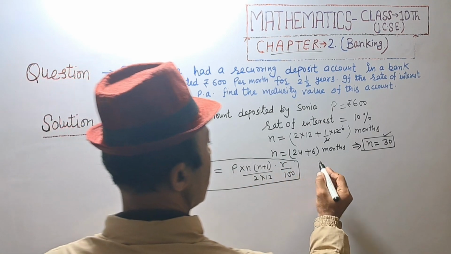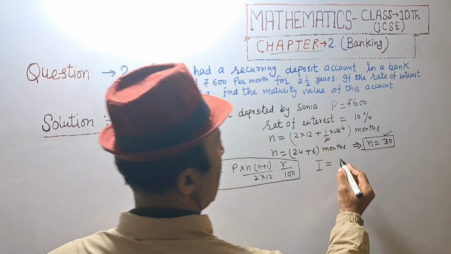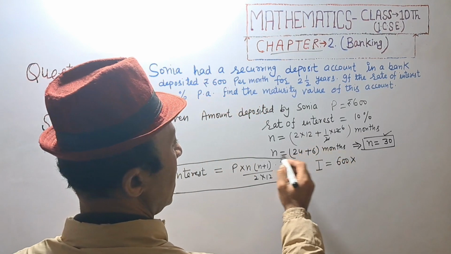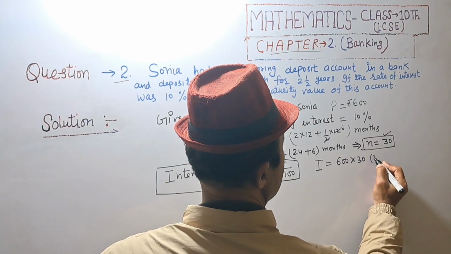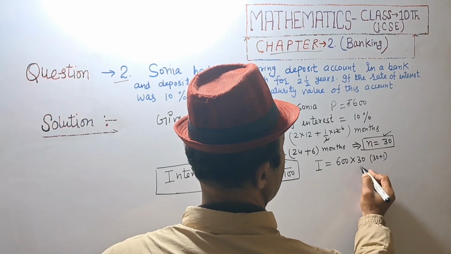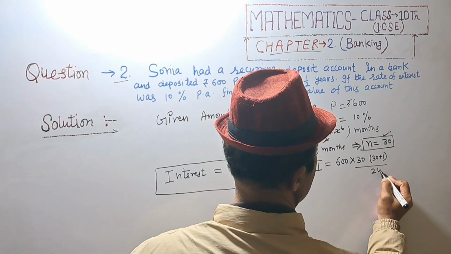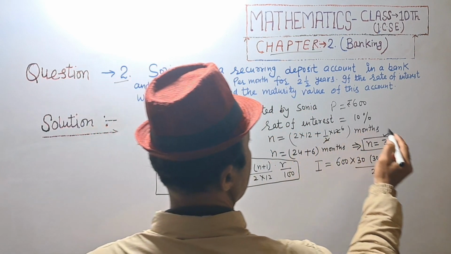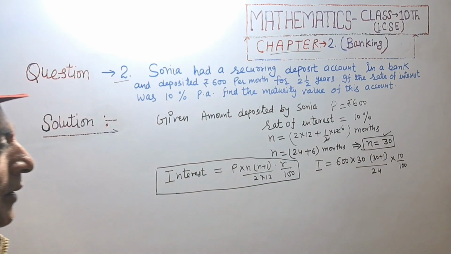Using the formula, interest is equal to P, which is 600, into N, which is 30, into 30 plus 1, that is N plus 1, divided by 2 into 12, that is 24, multiplied by R, which is 10%, 10 upon 100.